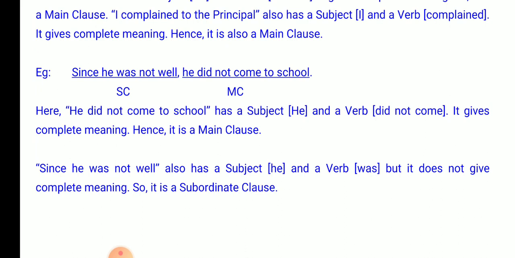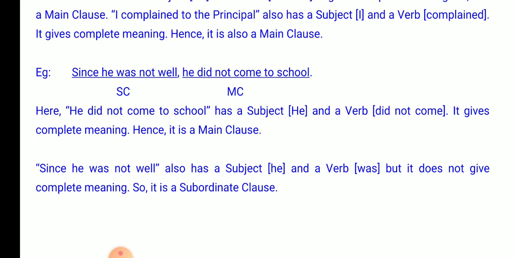Now, what about the first part of the sentence? Since he was not well. In this part also, there is a subject he and a verb was not. But it does not give complete meaning. Therefore, we call it a subordinate clause. Now, what is the similarity between the main clause and the subordinate clause? In the main clause, you have a subject and a verb.